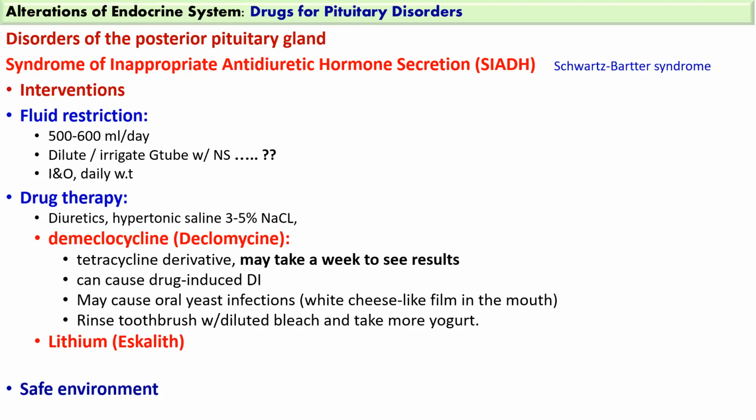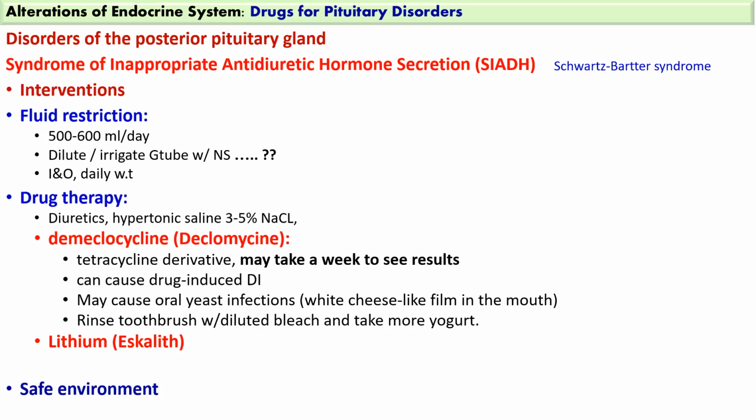Interventions would be to restrict fluids to about 500 to 600 mL daily, and irrigate the G tubes with normal saline because the patient has hyponatremia, so we have to give more sodium, in addition to daily weight and intake and output measurement.